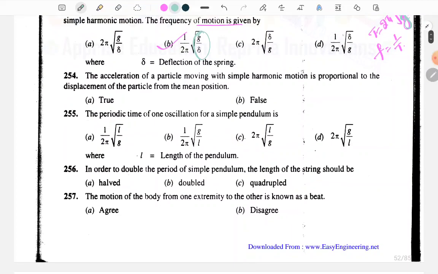The acceleration of a particle moving with simple harmonic motion is proportional to the displacement of the particle from the mean position. Is it correct? Yes, it's correct. The periodic time of one oscillation for simple harmonic motion, periodic time asking. So 2 pi into under root of L by g, correct.